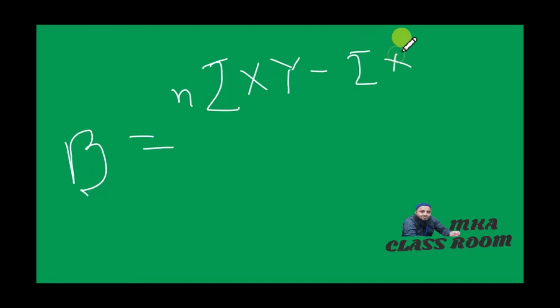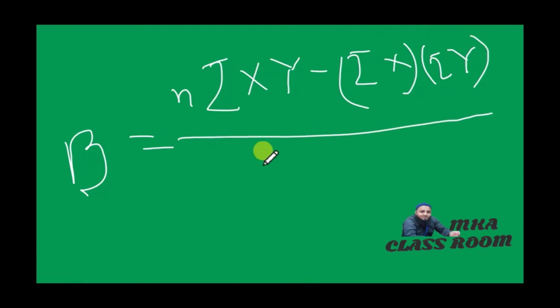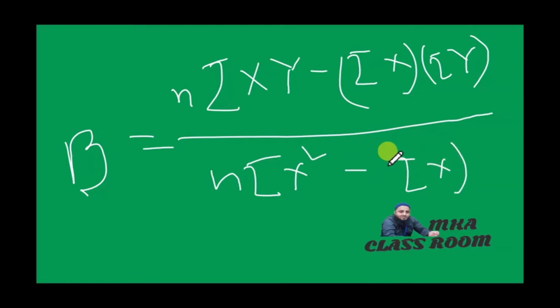Now beta, by using the regression method, equals n into summation xy minus summation x into summation y, divided by n into summation x square minus summation x whole square.